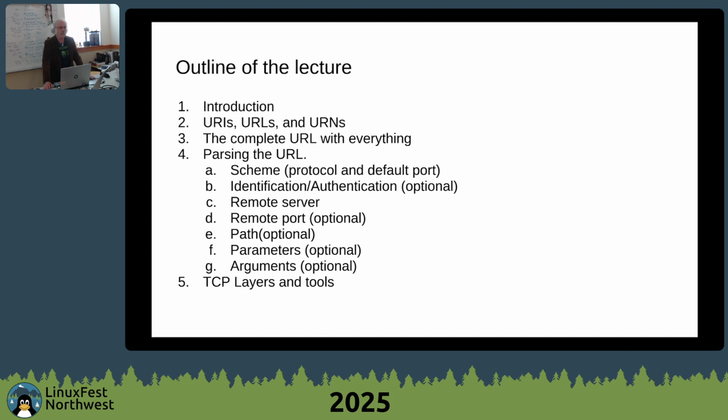The slide that's really important is the URL with everything. And then the rest of the discussion is going to be about how to parse that URL, what the various parts mean, and then there'll be a discussion about TCP/IP layers and tools. That's the part that you need when you're going to be doing the troubleshooting.